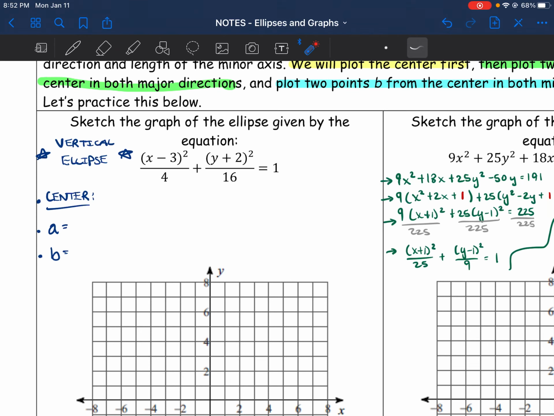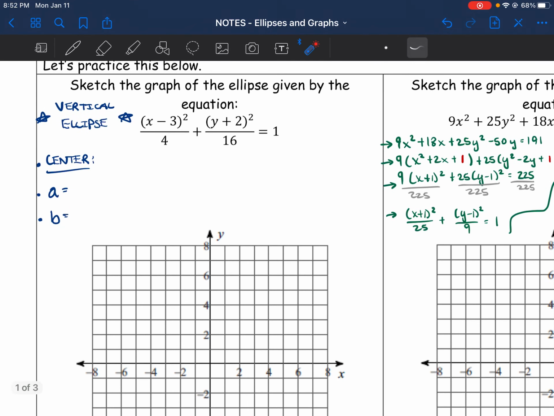Okay, so let's find the center first. We can identify the center pretty easily from the equation. We can see that the center is going to be 3, negative 2. Again, just remember to change the signs in front of the negative 3 and the positive 2 into 3, negative 2.